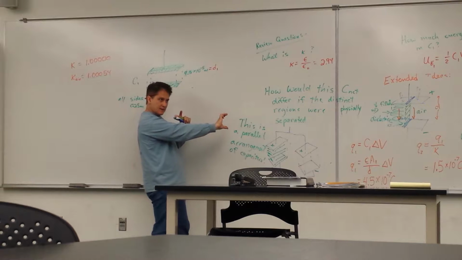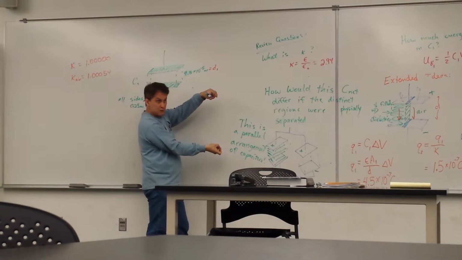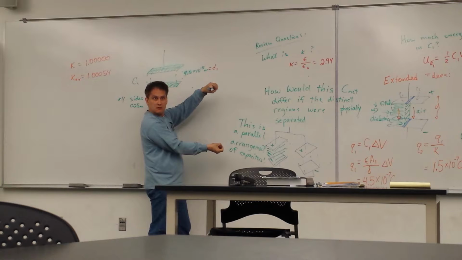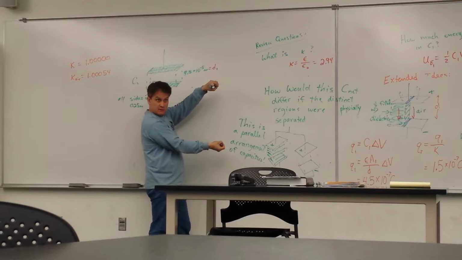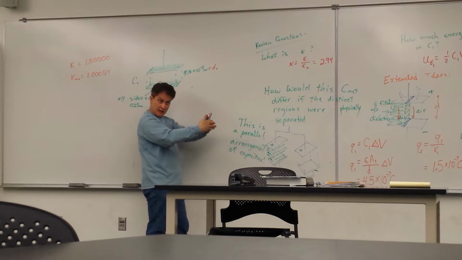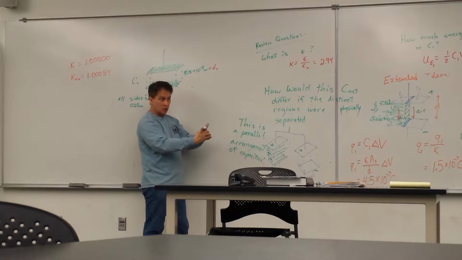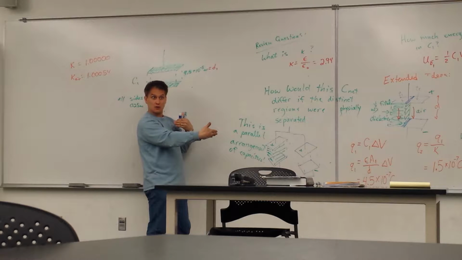two capacitive regions that are separated but still somehow connected by the same endpoints, they're in parallel. There's no difference between having them physically separated and having them right next to each other. But the net result is that the total effective capacitance is the sum of each of the parts individually.